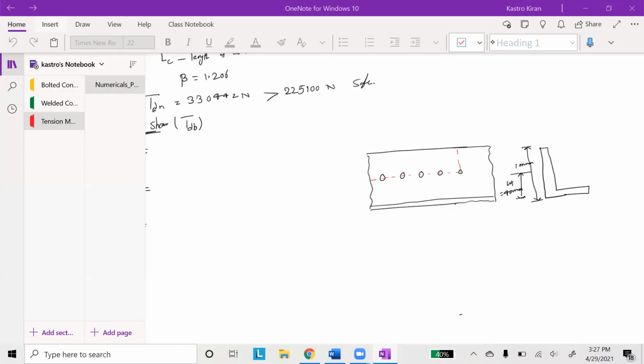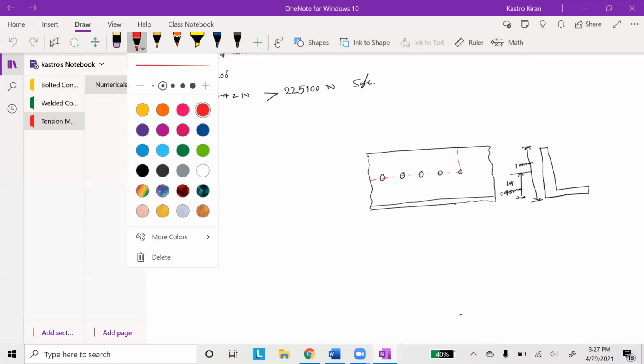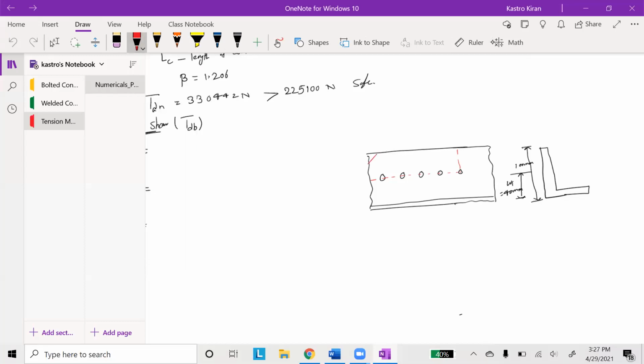That means this is the entire portion that is getting failed, the red color one which I am highlighting now. So this section is the section of failure.